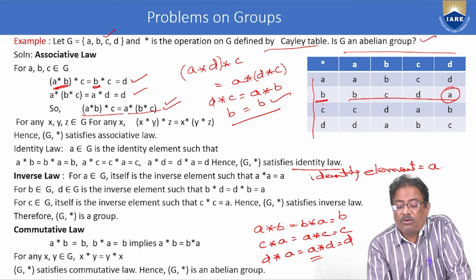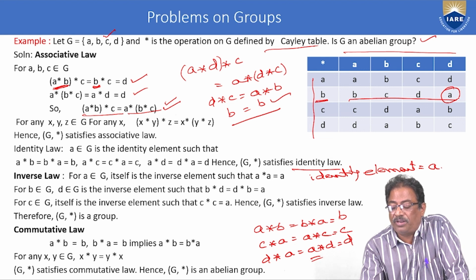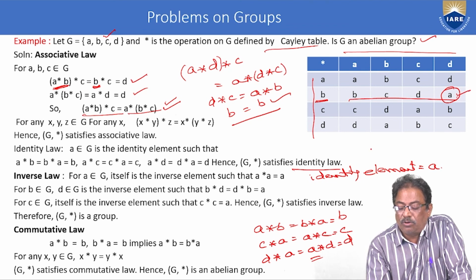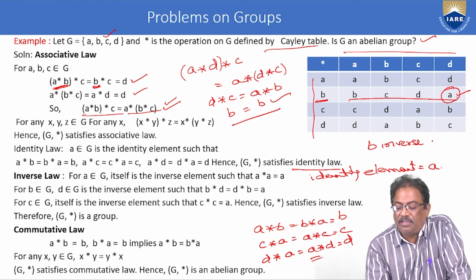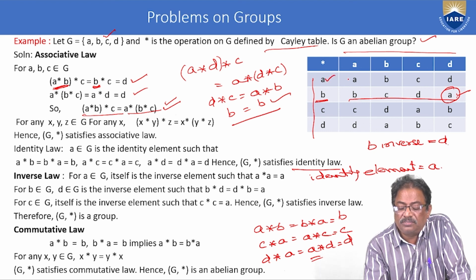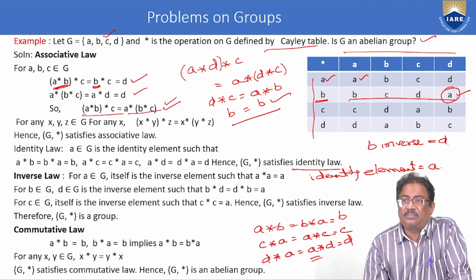You are going to find out the inverse of B. In the B row, you go through to where you get the identity element. Identity element is here. So B inverse is D. Then what about A inverse? A inverse is A itself. Identity element inverse is A itself.